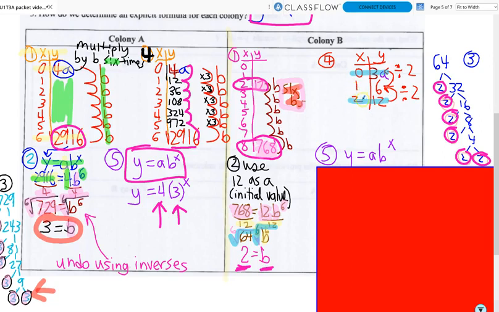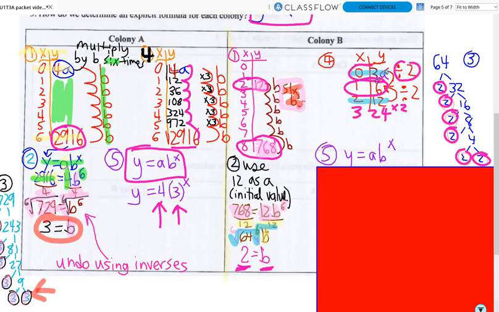So if I'm multiplying by 2 to get the next number, when x is 3, 12 times 2 is 24. I'm going backwards. 12 divided by 2 is 6, so 1 point on my table and my graph is (1, 6). And then I'm going to divide by 2 again.